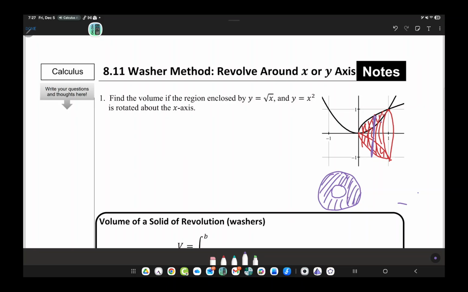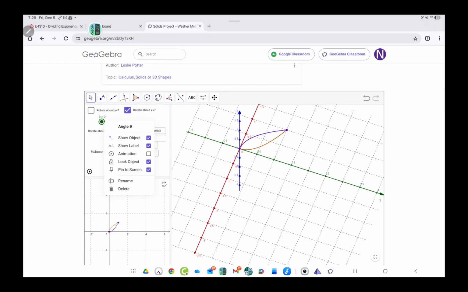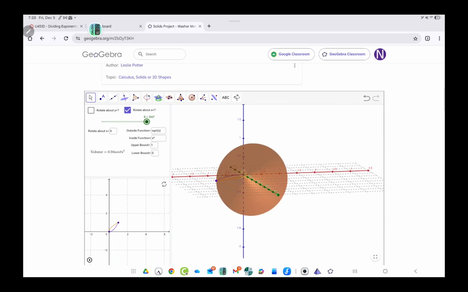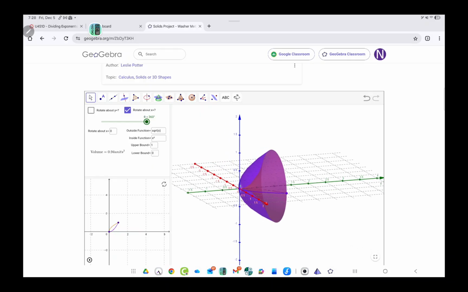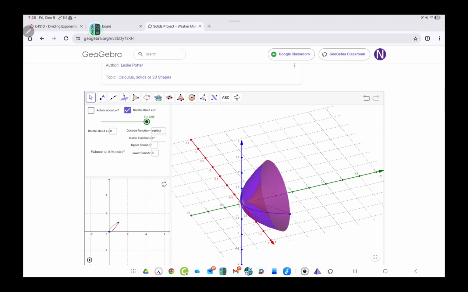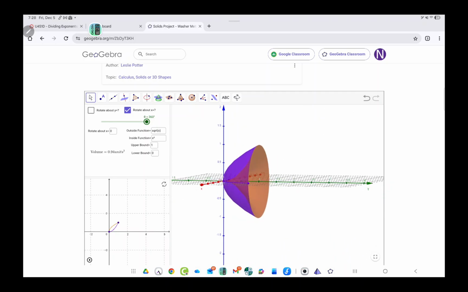Just to give you a better idea of what this looks like, I found another one of these graphs. So here we have our function, and if we rotate it around the x-axis, we get this shape here, which is a little hard to tell, but it is kind of like a bell.